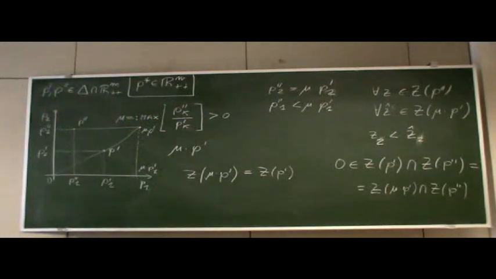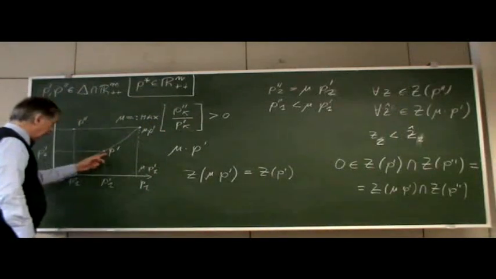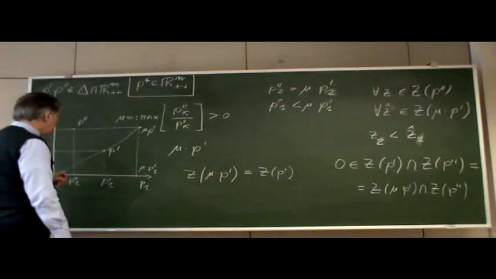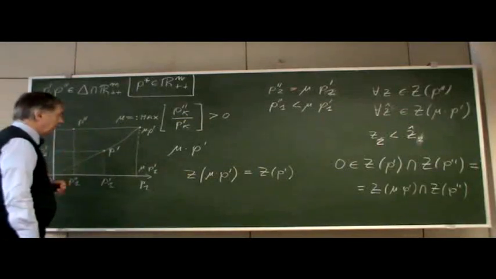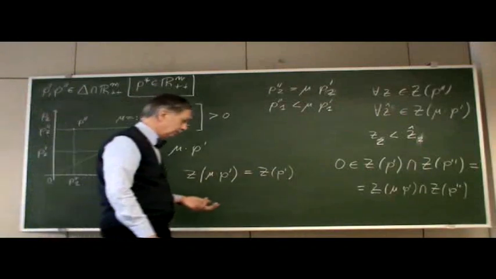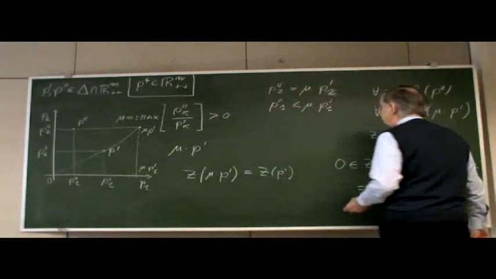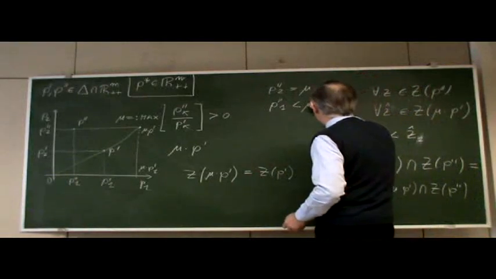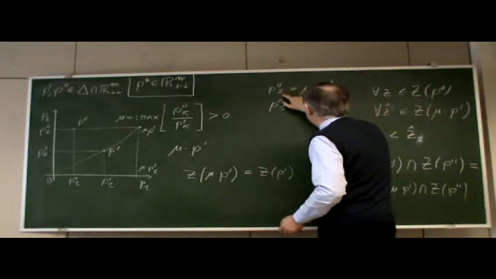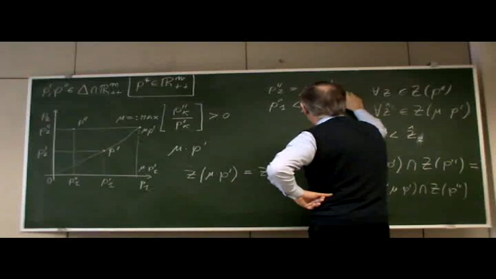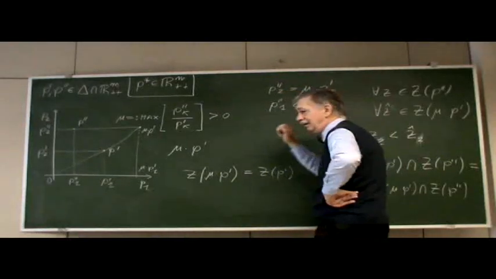For example, in this case, you have P prime, P double prime, and the maximum increase in a price is that relative to good 2. So mu is in reality P double prime 2 on P prime 2. From this equality, this other equality immediately follows.